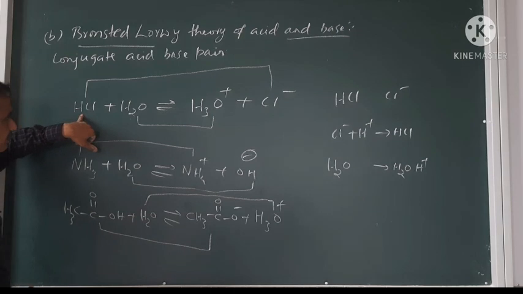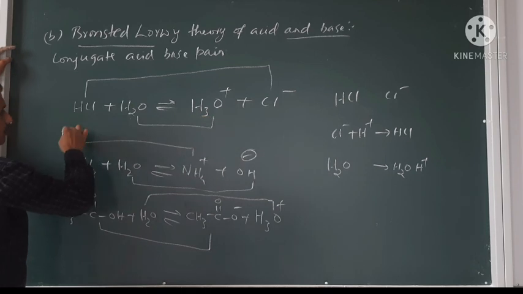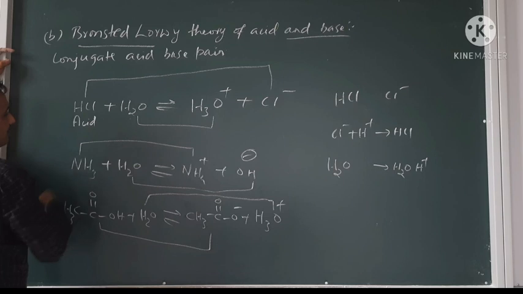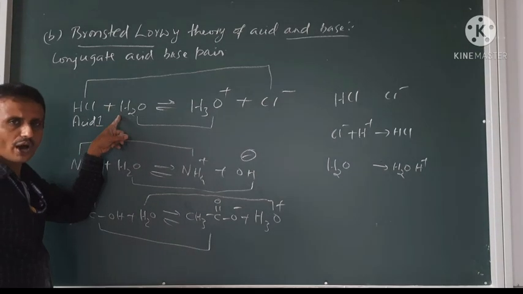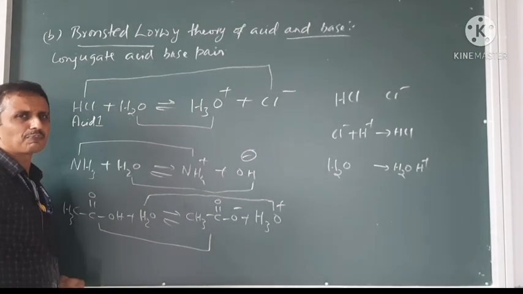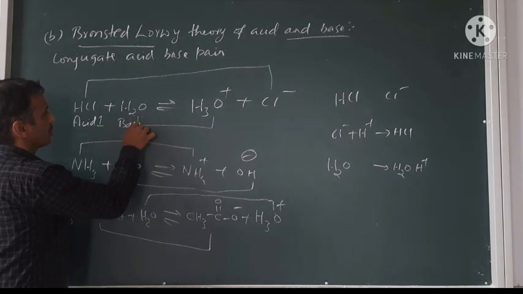Here, HCl is donating a proton to the water, thereby becoming Cl minus. So here is a proton donor, it is an acid. So I write it as acid 1. And water is accepting the proton donated by the HCl, so it is base 1.